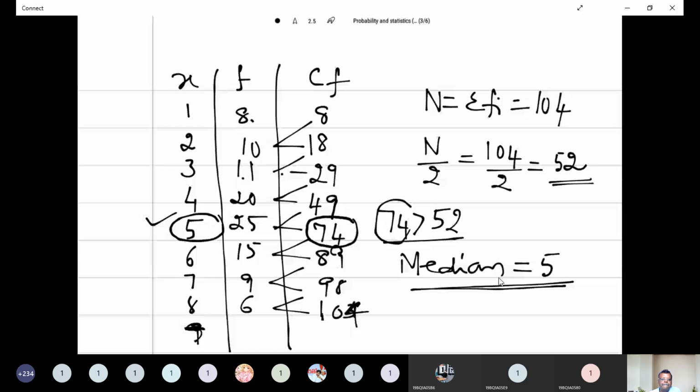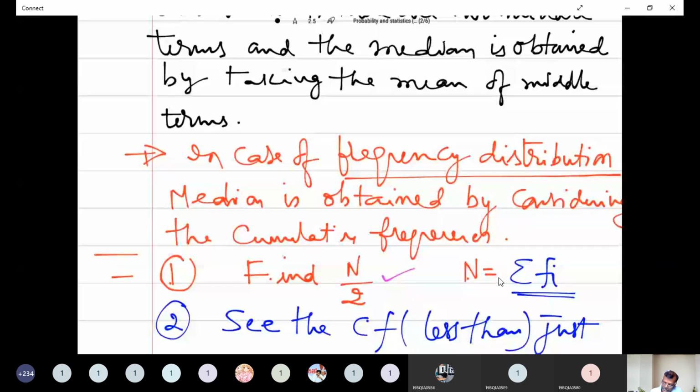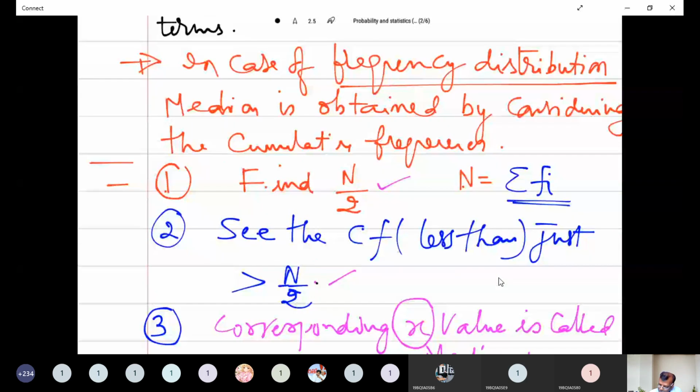Are you understanding this? You have to write down the cumulative frequency table and find the value of n by 2. Then what is the step you have to write here? See the cumulative frequency just greater than n by 2. The corresponding x value is called the median.